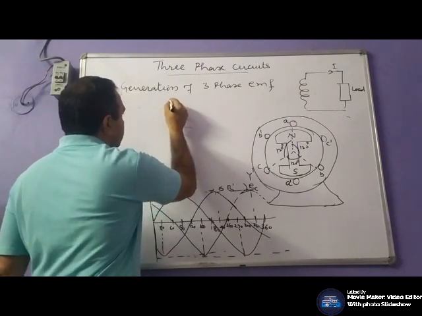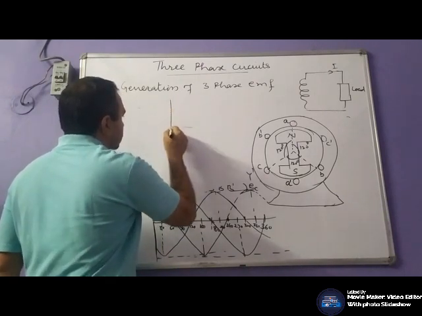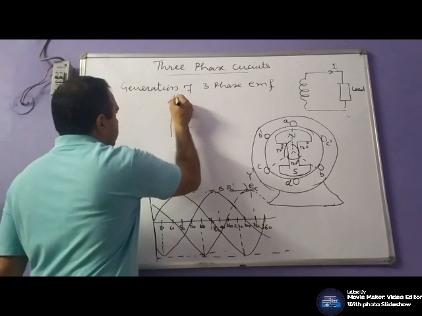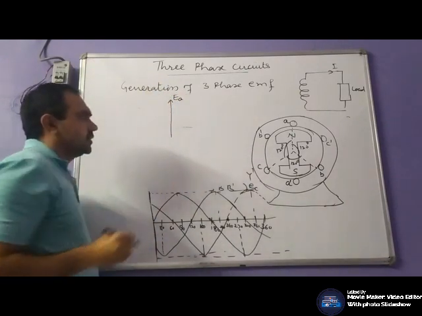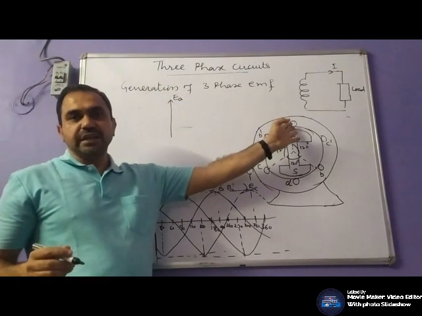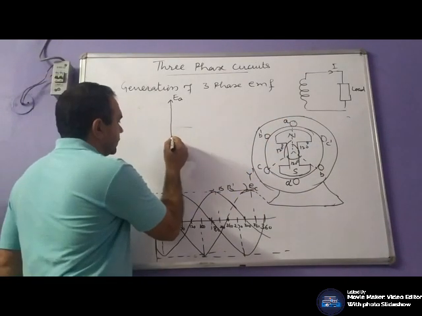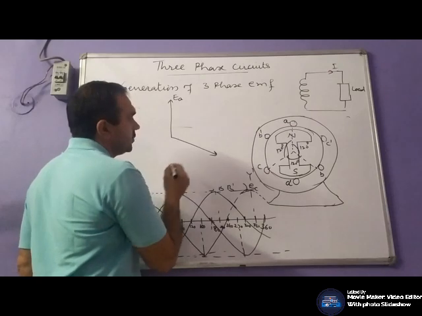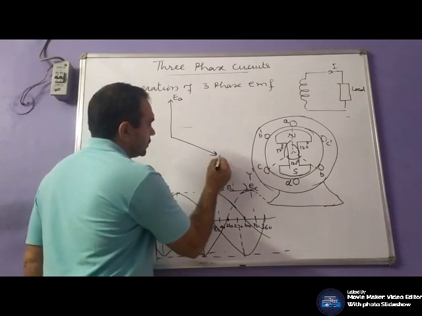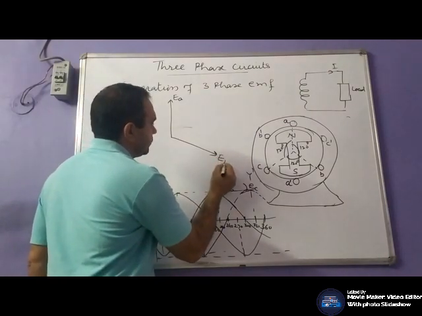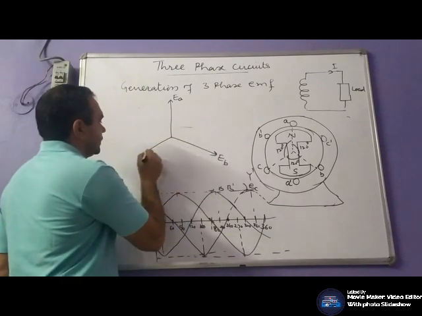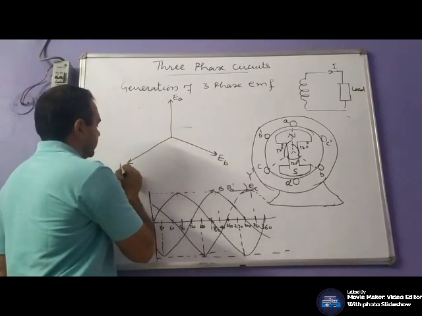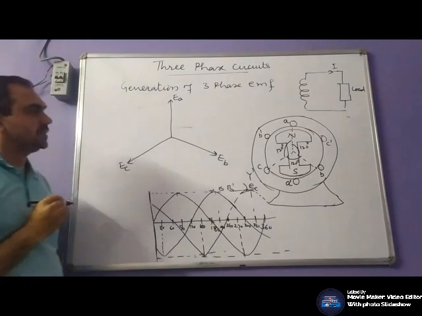For example, EA, voltage of phase A, then EB, EC.